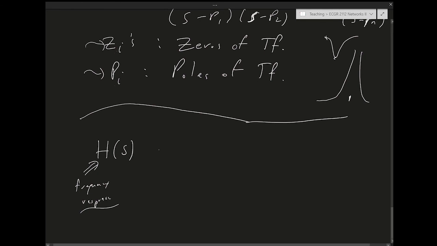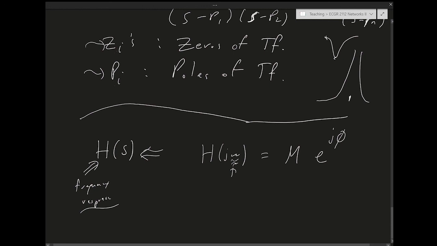The transfer function does include that information. We said s is just j omega, so at every frequency we get H(j omega), which is a complex number that has a magnitude and a phase.